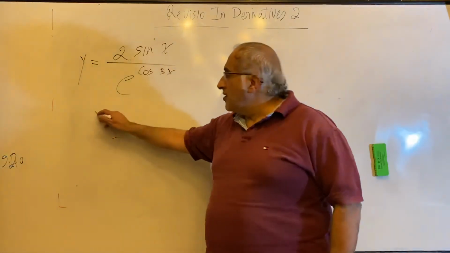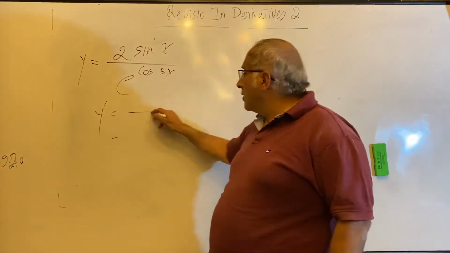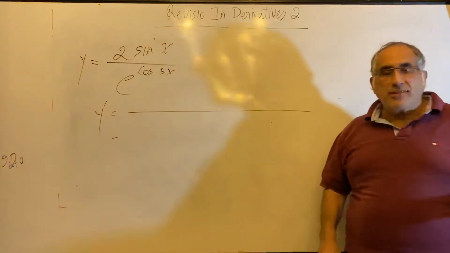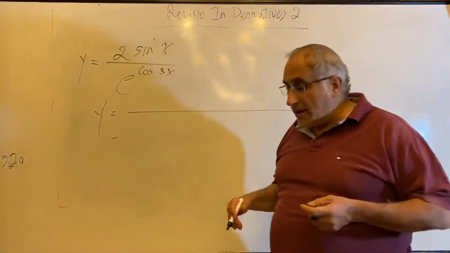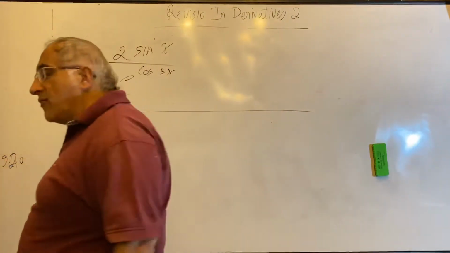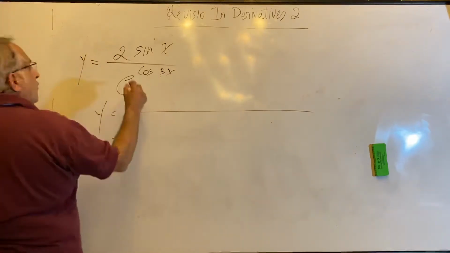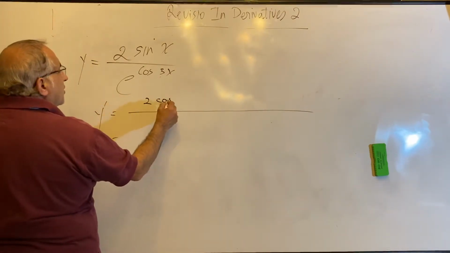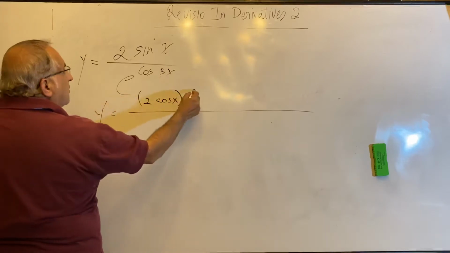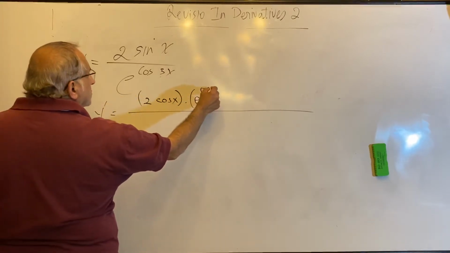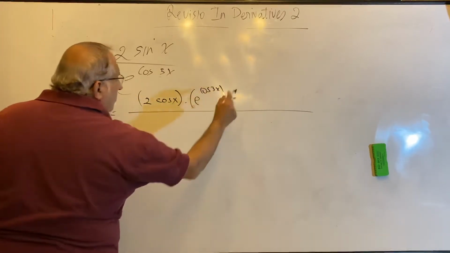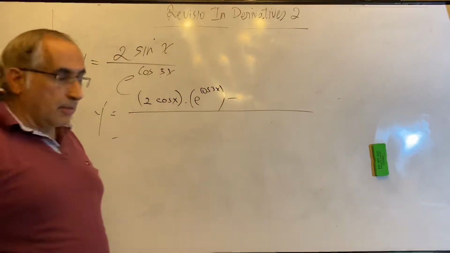So if I want to find the derivative of that, same rule. Derivative first times second minus this time, derivative second times first, and you have the denominator squared. So, derivative of the first, this will stay, and derivative that, times the denominator. And don't forget the minus. Minus what?